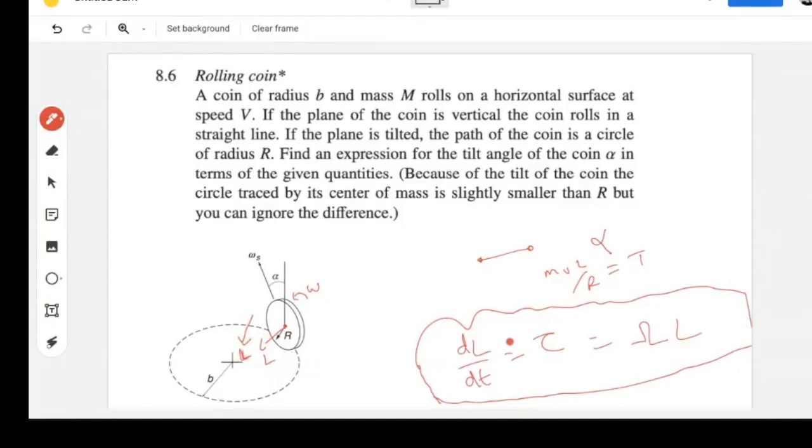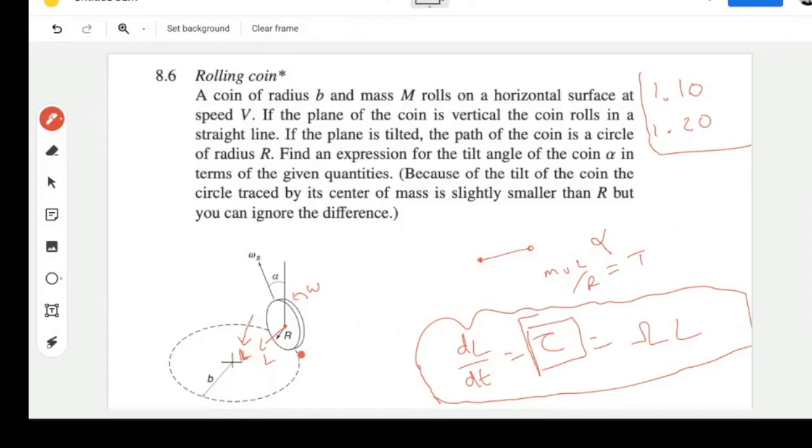So who is applying the torque? Also, by the way, if you're confused how this comes, look into section 1.10, or 1.20, I don't remember. You'll know how this comes. It's quite simple.